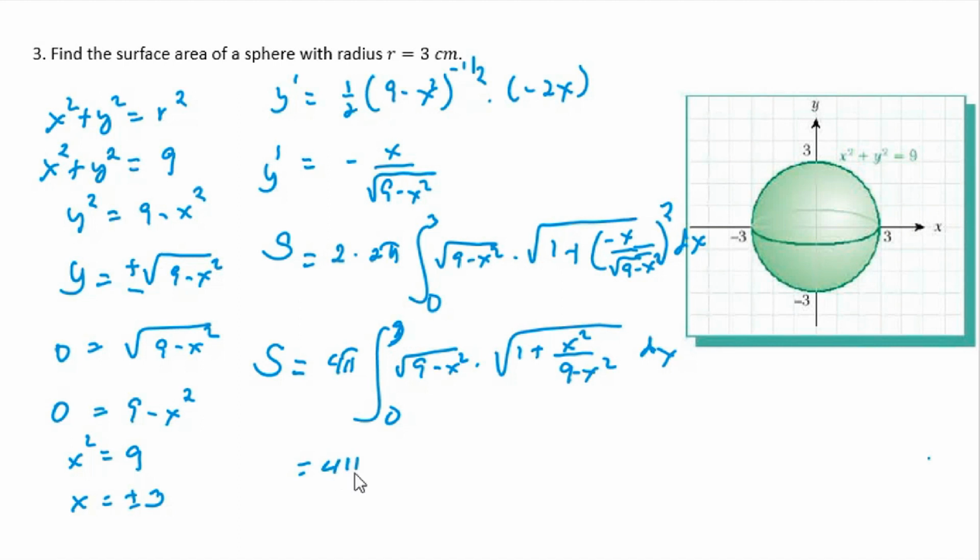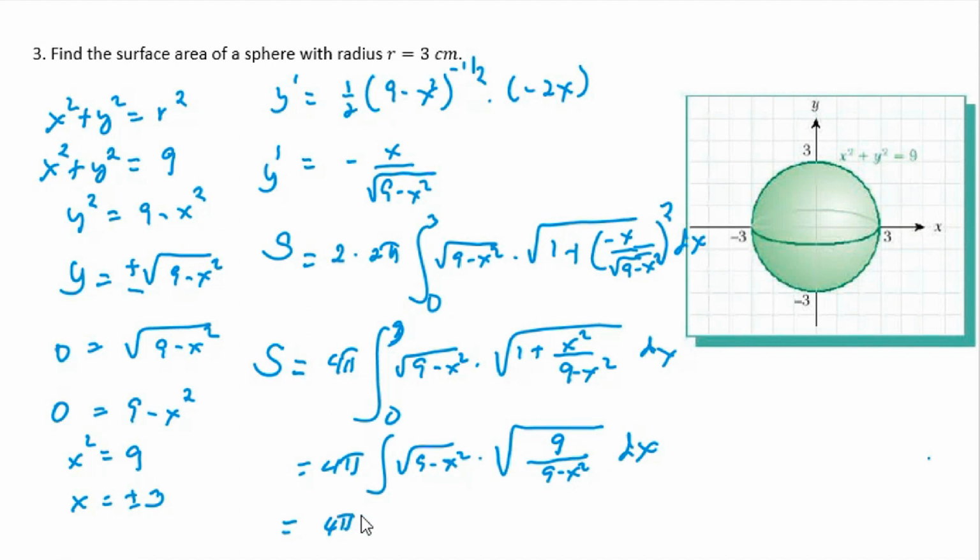Now we have 4 pi, the integral of the square root of 9 minus x squared times, simplifying this further, I can have a common denominator of 9 minus x squared. Then 9 minus x squared times 1 is 9 minus x squared, so plus x squared, so we now have 9, dx. Now simplify it further.